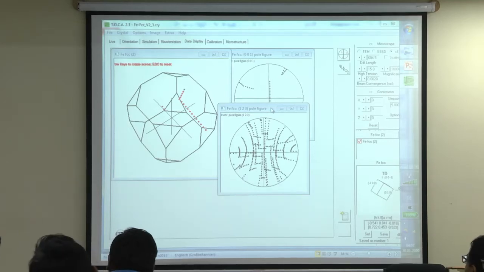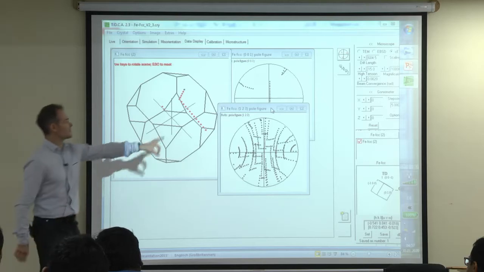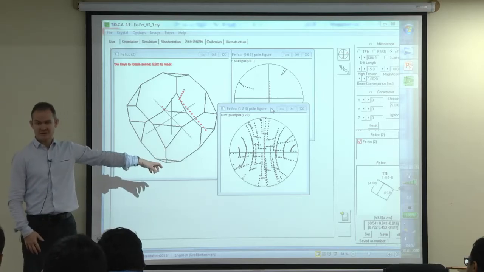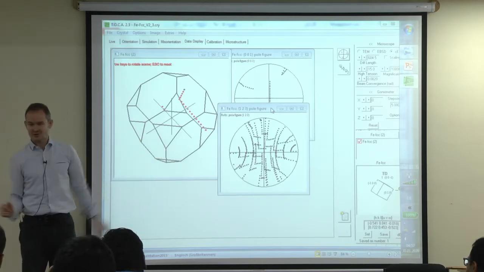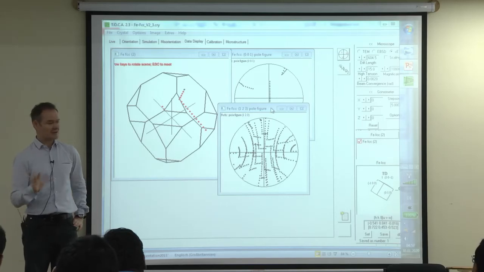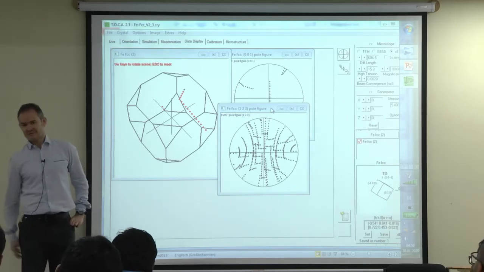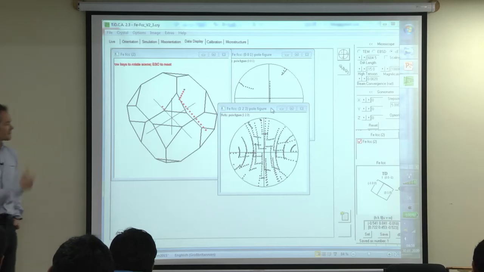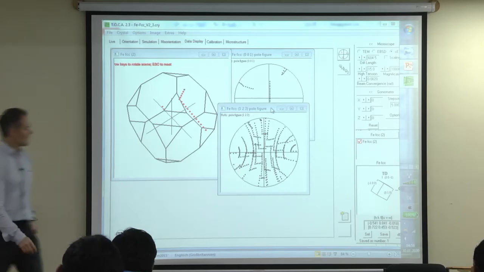But for example, I told you the BCC material slips on 1, 2, 3 planes. So if there's really a material which has a slip on 1, 2, 3 and not on 1, 1, 0, then you may see some features in a 1, 2, 3 pole figure. Very unlikely, because the 1, 2, 3 slip in BCC is little, but there is still a little possibility that this makes sense.